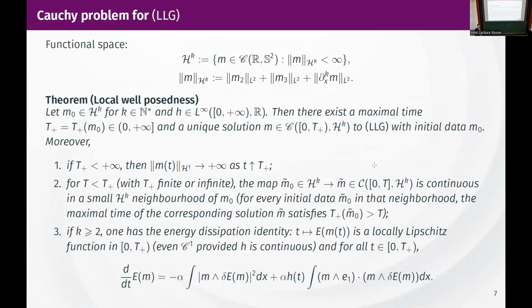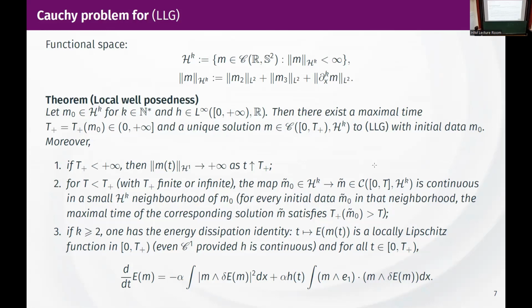It's a damped equation. So there is some decay here, but you also feed energy with the external field. So if you have a large external field, you do have, at least numerically, blow-up. But if you have blow-up, then the curly H^1 norm has to blow up.